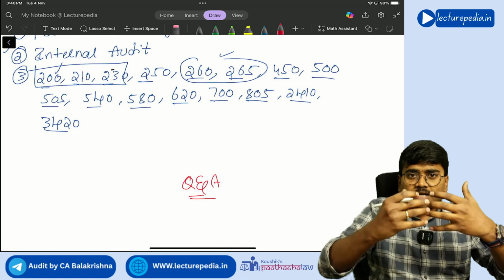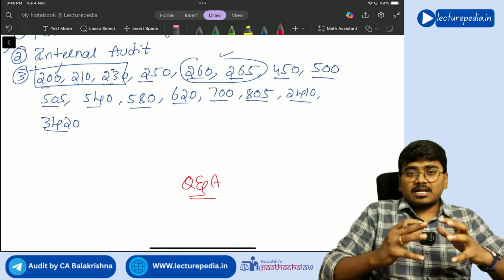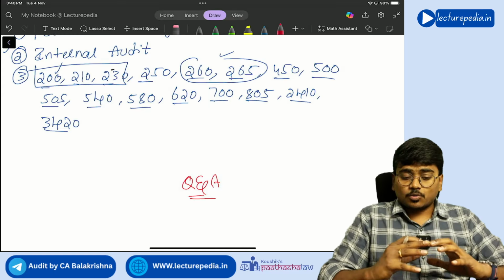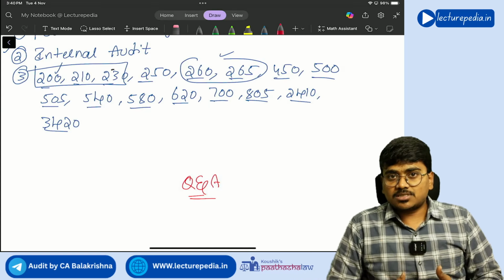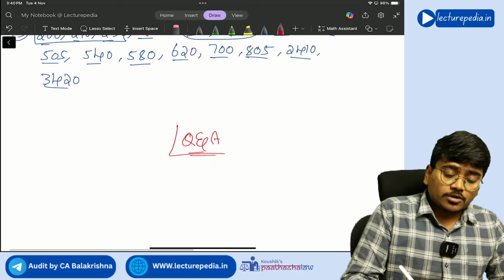You will get habituated to this only when you solve questions. So for sure, solve the question bank.